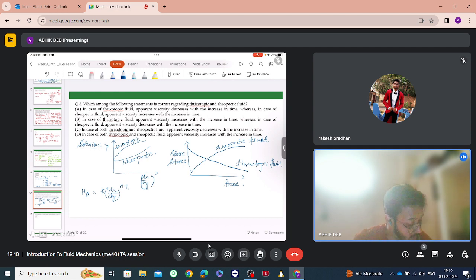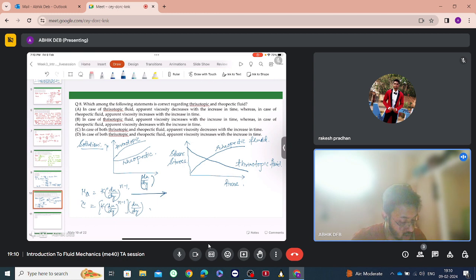So if we write the expression for shear stress, it is k (du by dy) to the power n minus 1 times du by dy. So the apparent viscosity will also follow a similar variation with time.